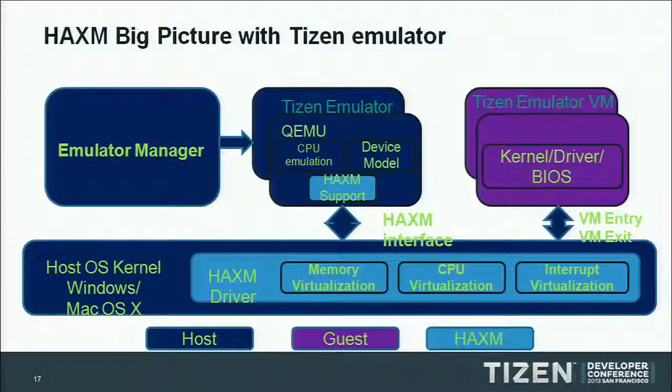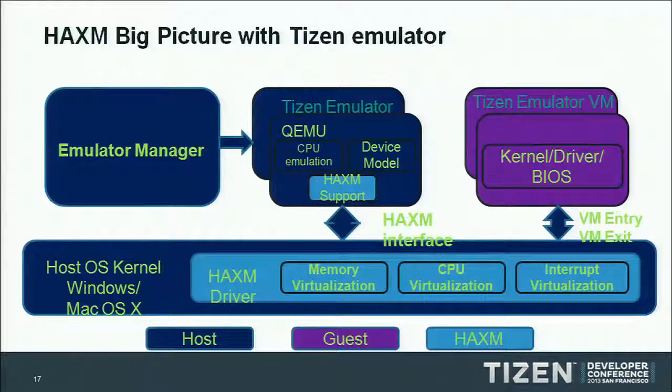When the guest runs unprivileged instructions, the host will let it be. And when the guest runs privileged instructions, the host will automatically go into the VMX root mode. We call it a VM exit.